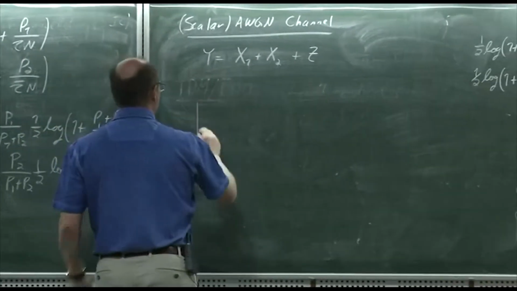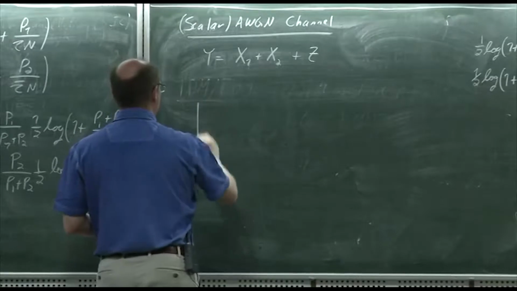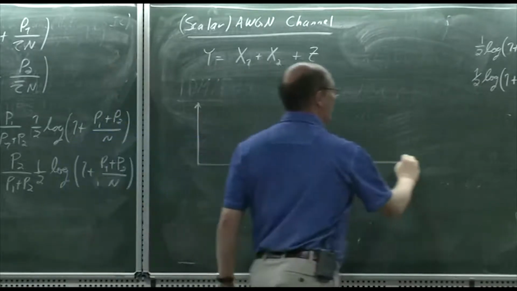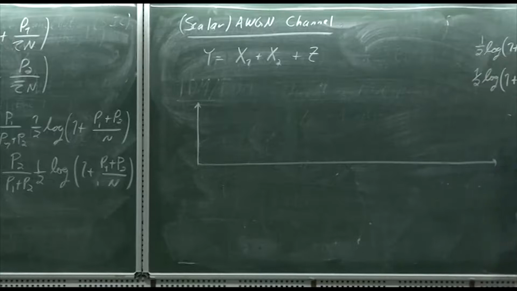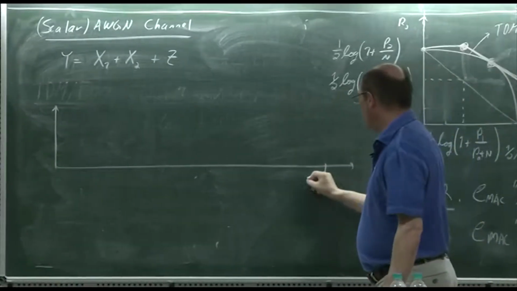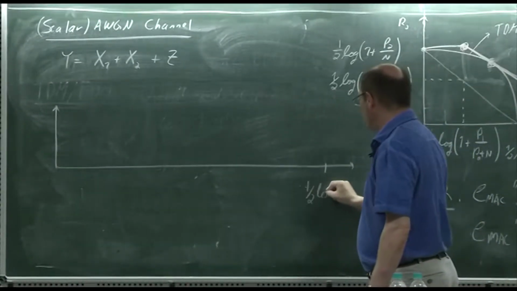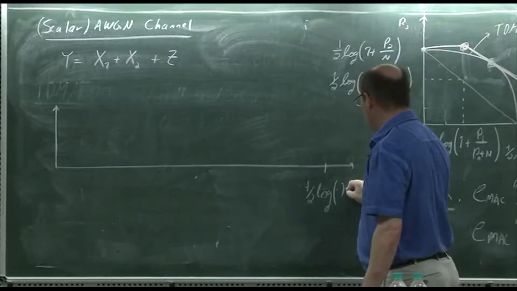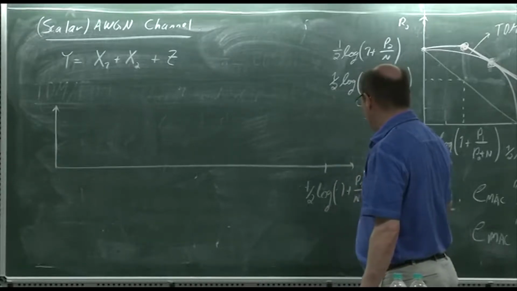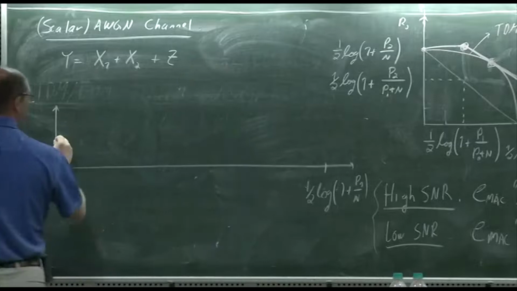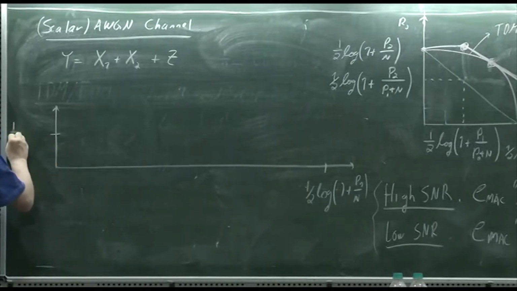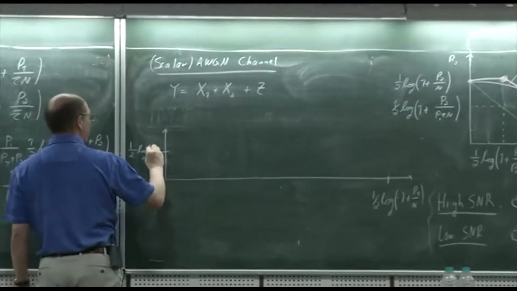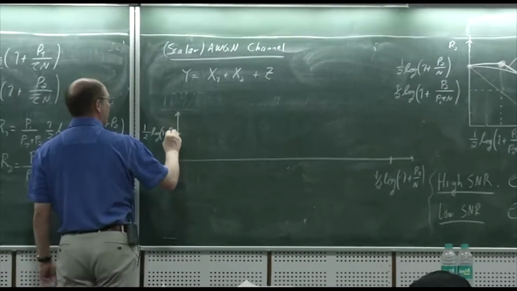Suppose user 2 is far away, and user 1 is really close to the base station. Then we might be here at 1/2 log of 1 plus P1 over N, and we might be here at 1/2 log of 1 plus P2 over N, right?